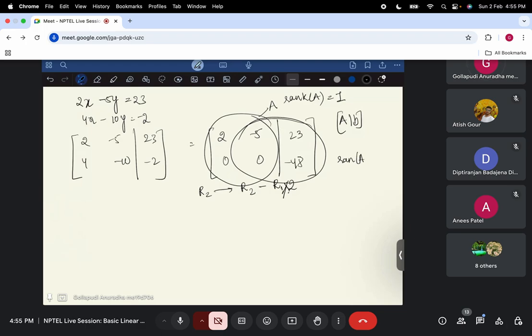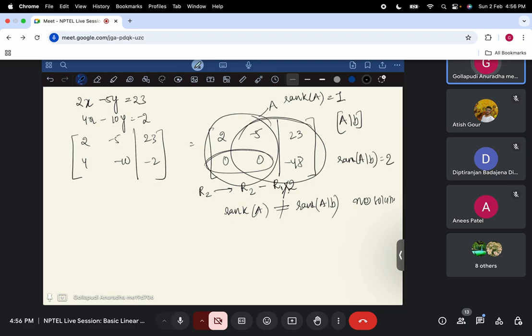So the rank of the A matrix is not equal to the rank of the augmented matrix. So we have no solution for this. This is absurd, because 0 into x plus 0 into y is going to be minus 48. 0 is equal to minus 48. That's absurd. So we are not going to have any solution in this.